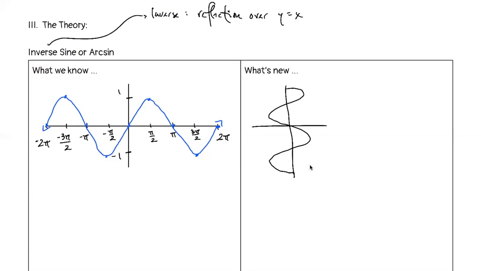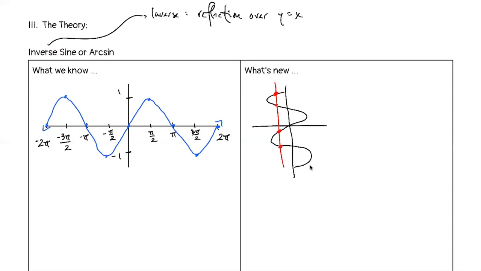Actually, I think it will go more like this. Okay. And so one thing about this graph that is a big violation of the definition of a function is, whoops, it fails the vertical line test, right? It crosses that vertical line 1, 2, 3, 4 times, and that's just on the part that I reflected.